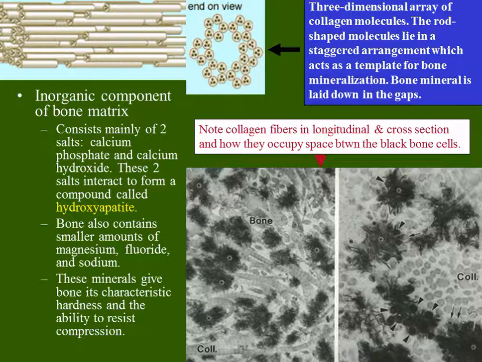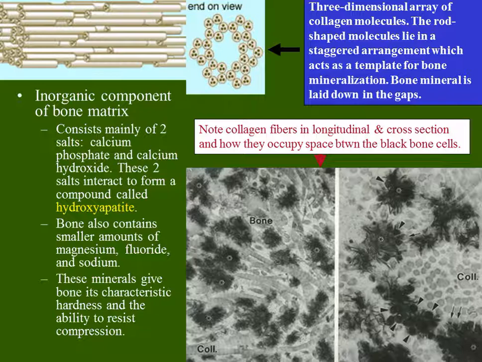Then it pours the inorganic, and we call it calcium phosphate, or hydroxyapatite. And I think I have this highlighted on the next slide. That's the inorganic. They pour this over.